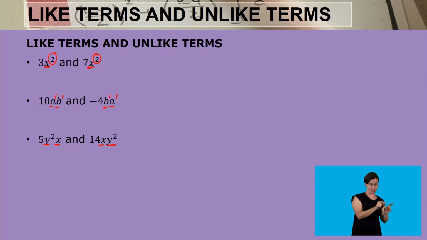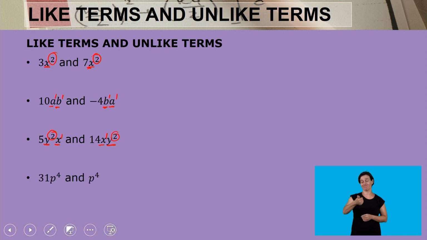So now let's look at the y. The y in the first term has a 2 as an exponent, and again the y in the second term has a 2 as an exponent. And what about the x? Yes, the x has a 1 as an exponent, and the x in the second term has a 1 as an exponent.